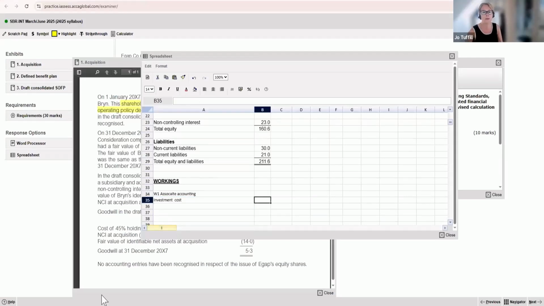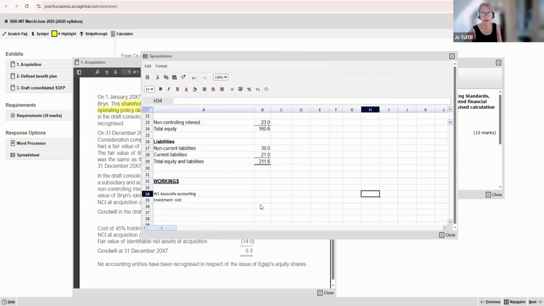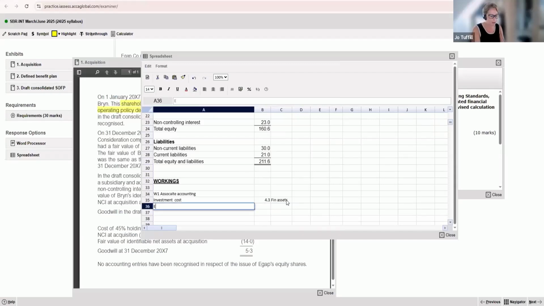And if we come back, we find that our investment at cost, they told us, we can get back to it, was 4.3 million. So the investment goes in at cost, and they've correctly done that, right? So that's 4.3 million. But remember, that's in financial assets, okay? Then we need to equity account.